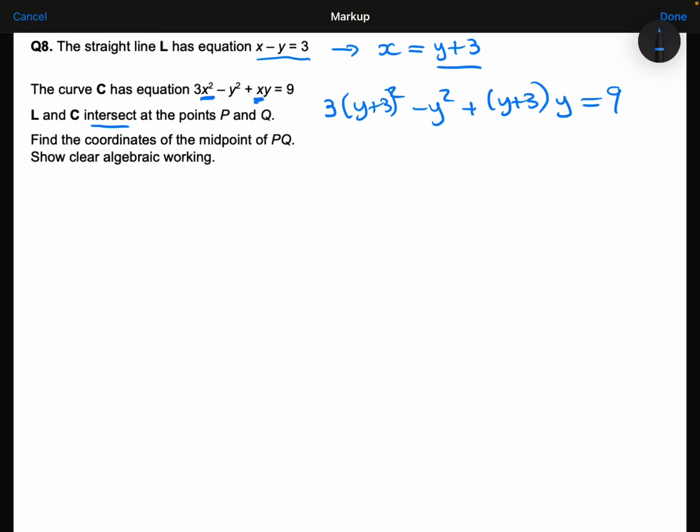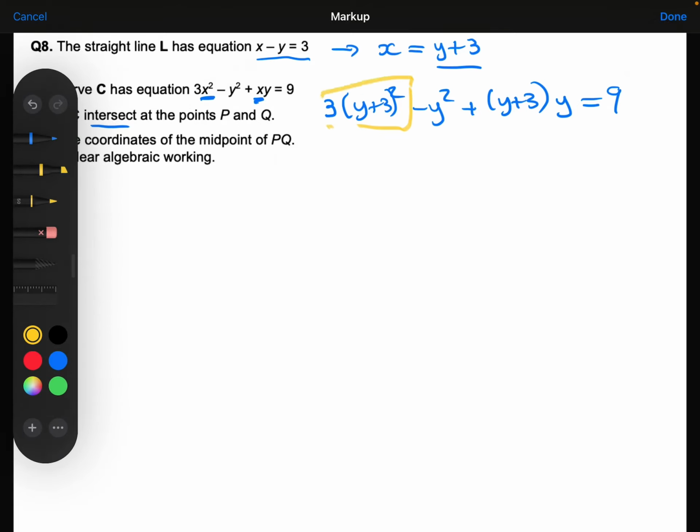Right, let's deal with these brackets. With this first set of brackets here, I know I need to deal with the squared before I deal with the 3 at the front. So let's leave that 3 at the front for now. We'll come back to that in a minute. We've got the y squared. Y times y is y squared. We've then got the y times 3, which is 3y, but we need 2 of them, so 6y.